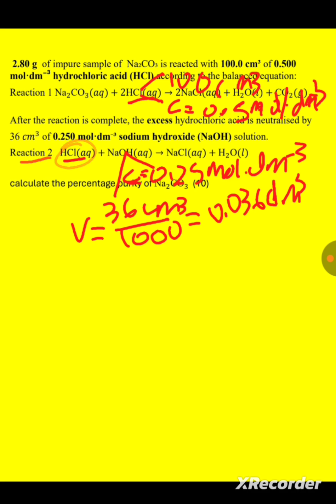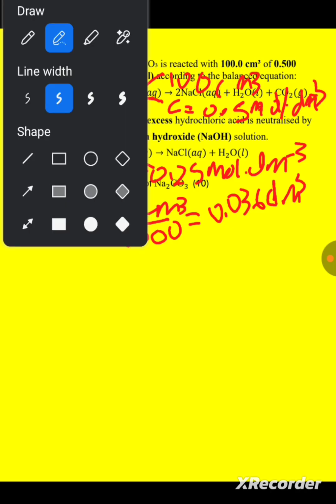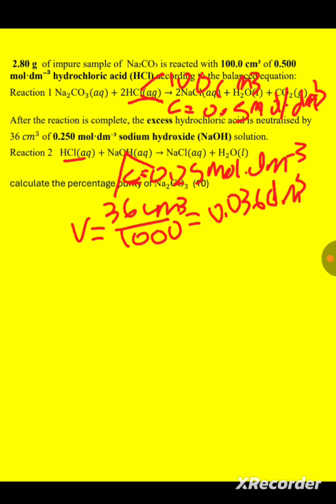So you must calculate the number of moles of the one that is repeating itself in both reactions. When you have got two reactions, you would have solved 80% of the problem given, right? So the 100 cubic centimeters must be divided by 1,000. Let's start then. We'll start from reaction 1.